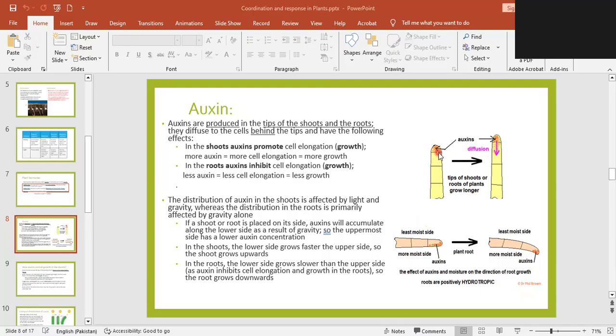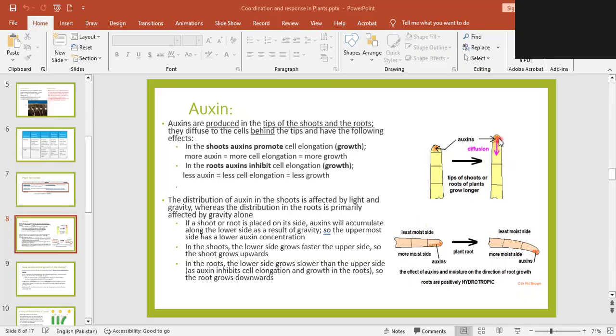How do they work? Auxin is released as sunlight triggers the tip. They are released and they will diffuse towards the cells underneath the tip, or you can say in the backward direction.